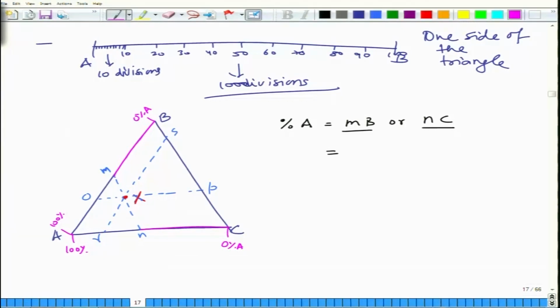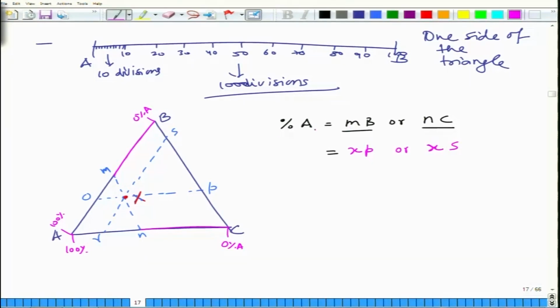What else is it equal to? By the equivalence in an equilateral triangle, NC is also equal to PX, so XP, or it is also equal to SX, so XS.